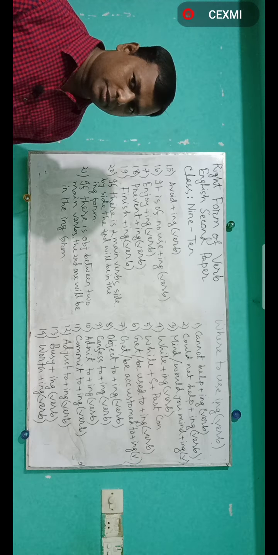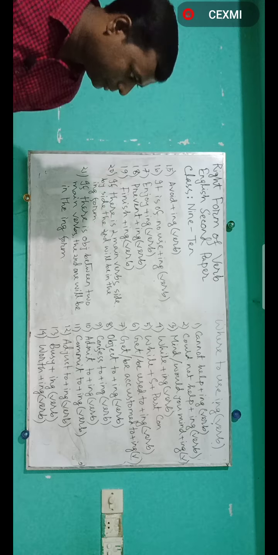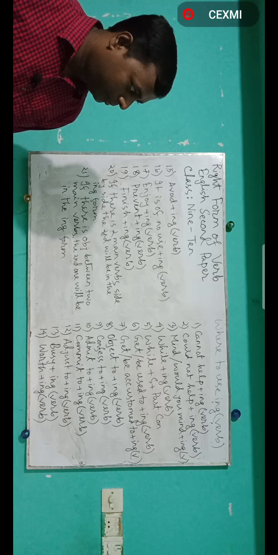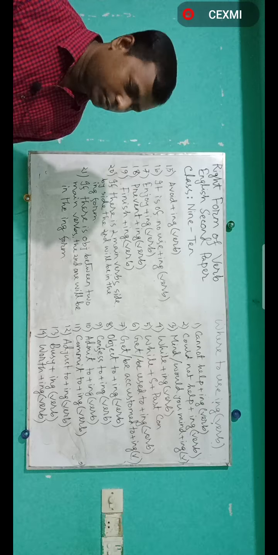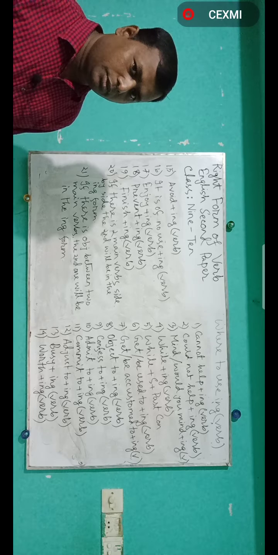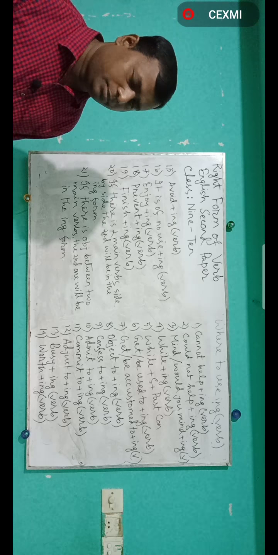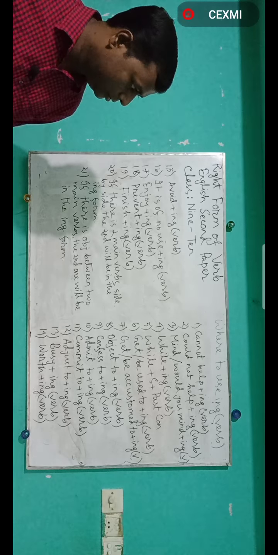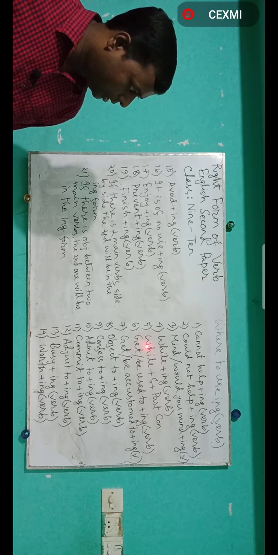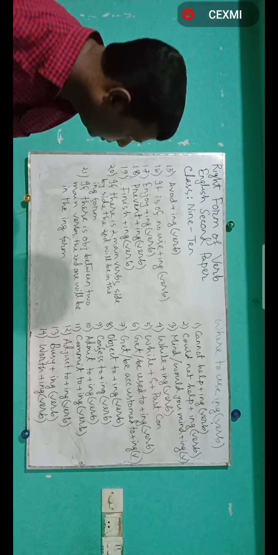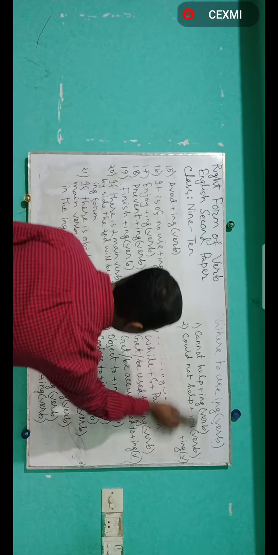The structure of past continuous tense is subject plus was, were plus ing form of verb. So, we can notice that in past continuous tense, ing form of verb is used. So, I am giving an example of this rule. You can write down in your notebook.